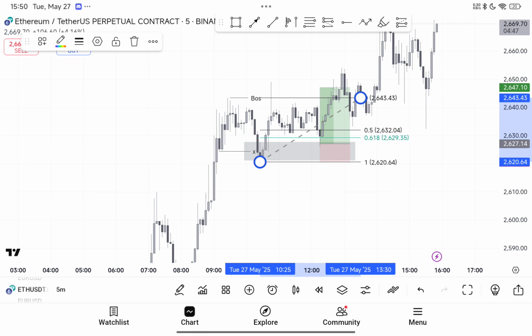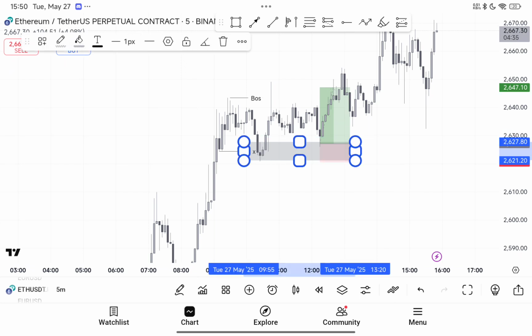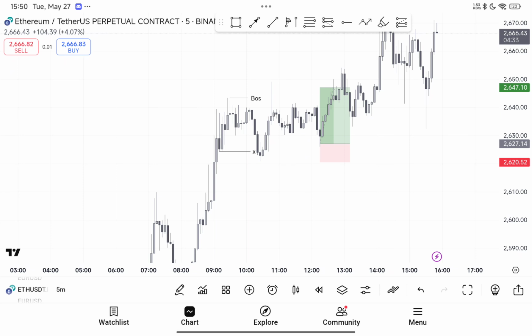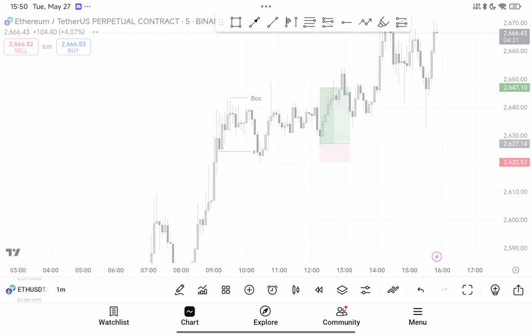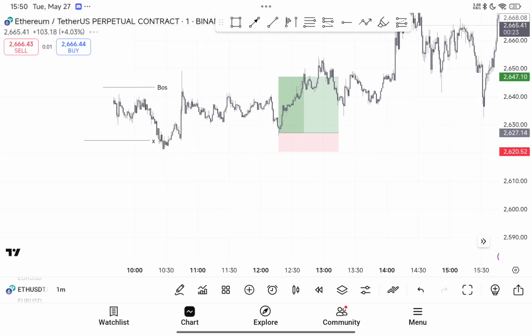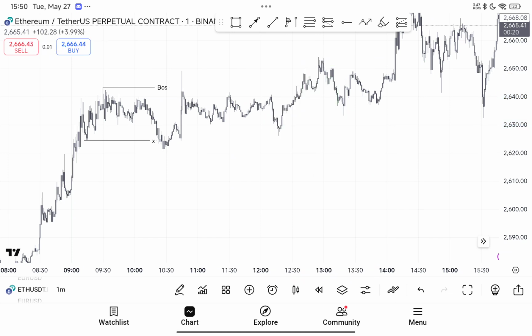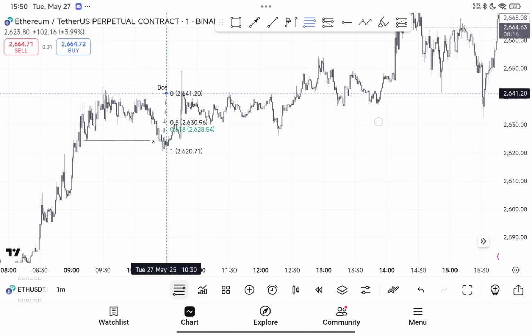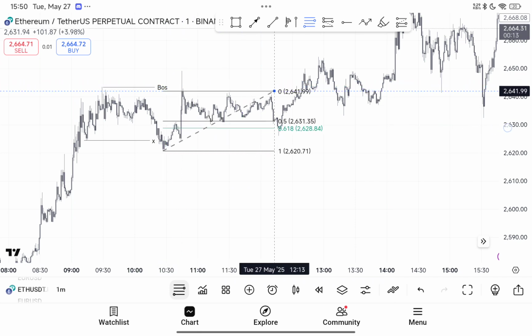under the protected liquidity. Then another thing I do is that if I don't want to use the order block, I can just use only my fib. So let's say I'm on the 1 minute time frame and I don't use the order block. What am I going to do? I'm just going to draw my fib from the bottom to the break of structure, and then I'll extend it.